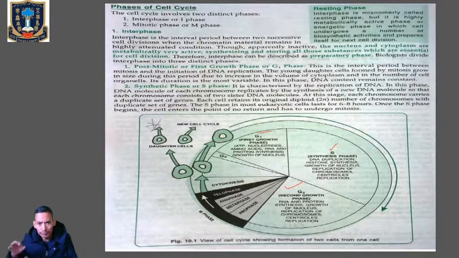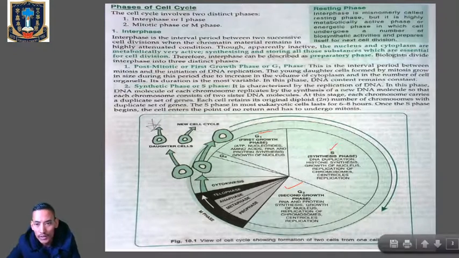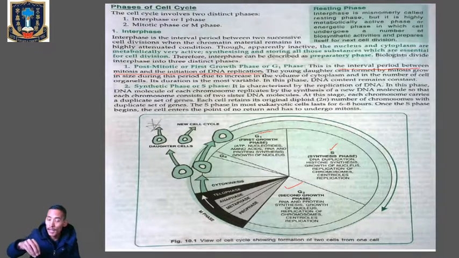Okay. So during the G1 phase, there will be initiation of DNA replication. Look over there. So this is the interval period between mitosis and the initiation of DNA replication. DNA replication means where the parental DNA will replicate to form two daughter DNA. The young daughter cells formed by mitosis grow in size during this period.